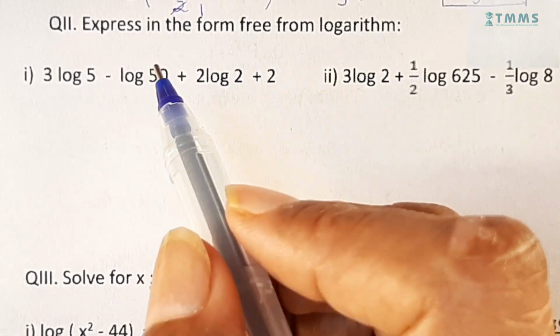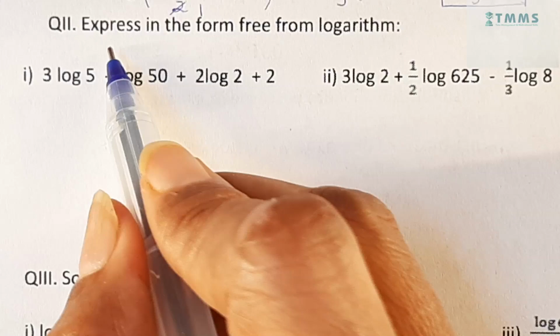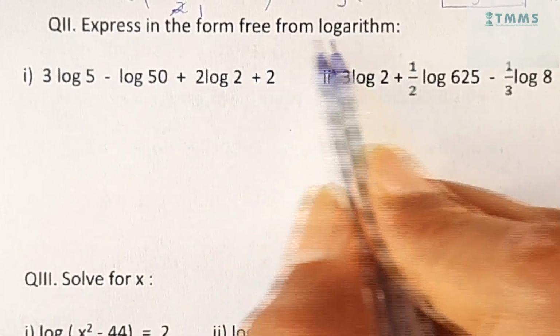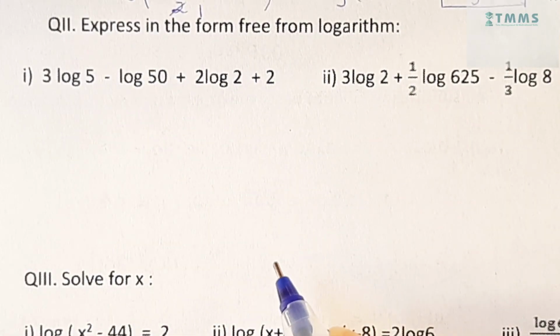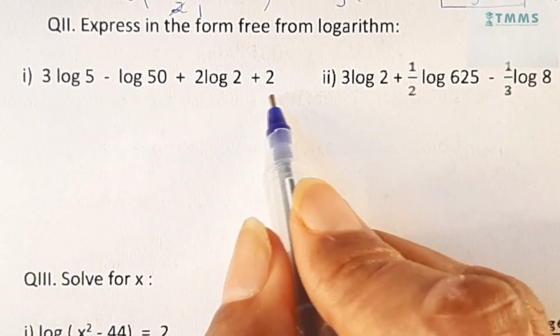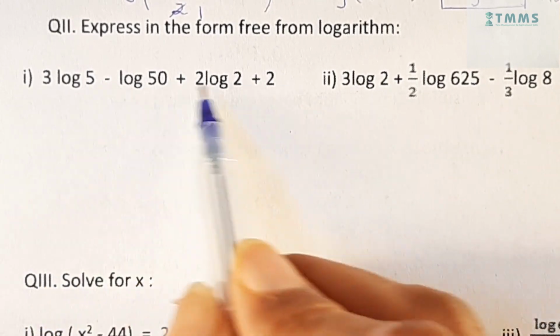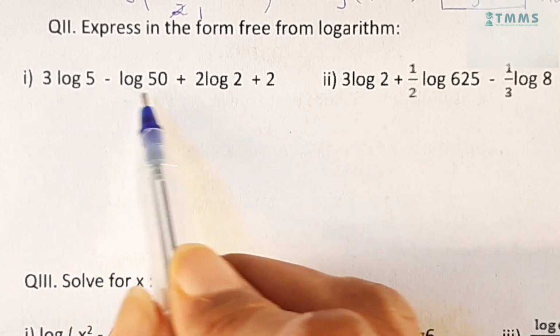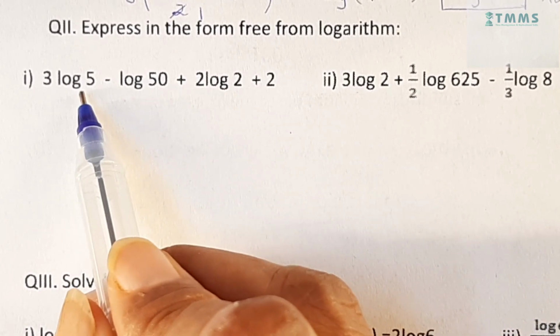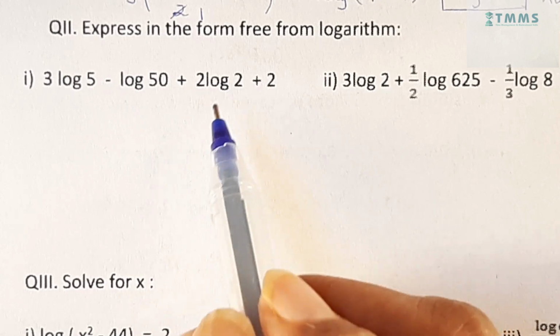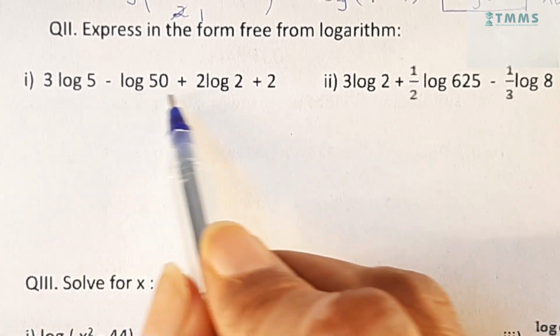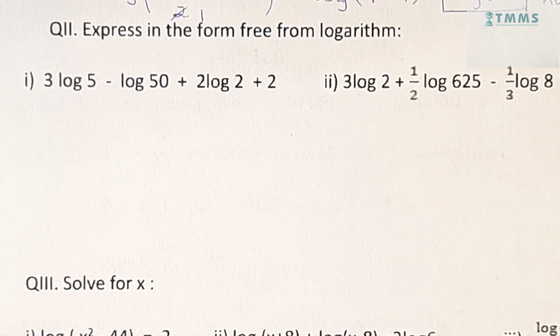Let us come to the second type of question. Express in the form free from logarithm. Now, can you see this first question here? Can you see this too? Now, all of these are written without any base, which means these are all having base how much? 10, correct? So we have to convert everything into common logarithms.